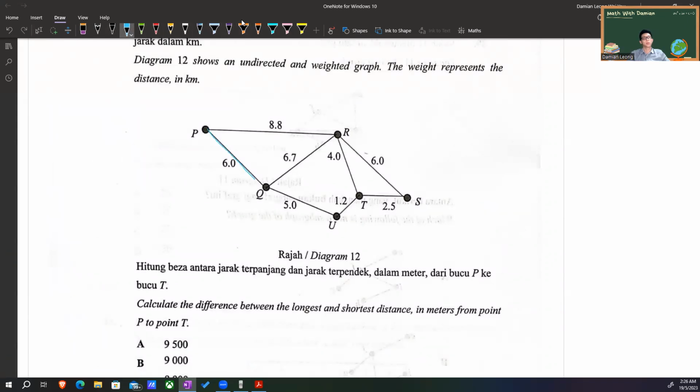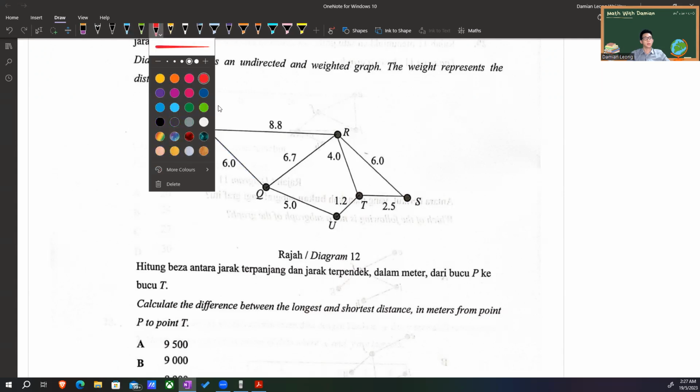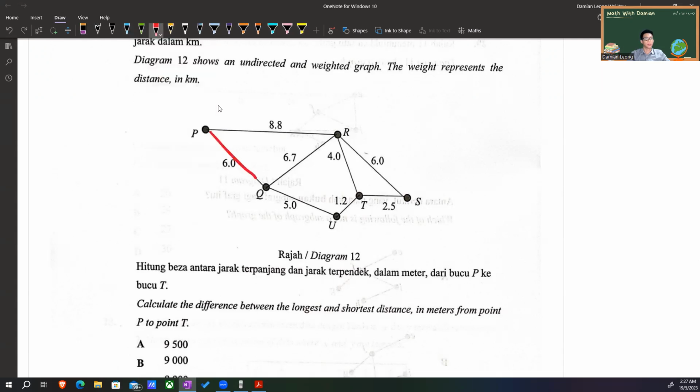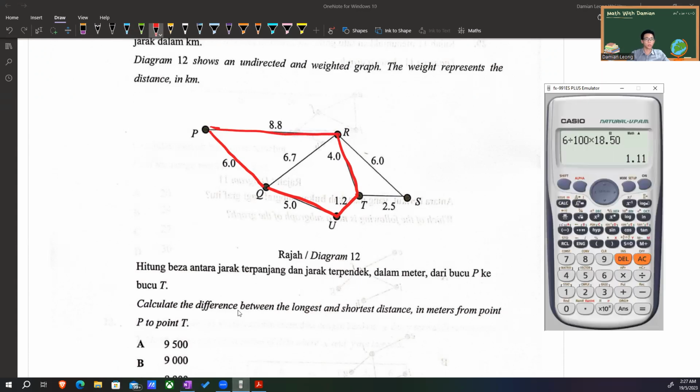So the shorter one will probably be this way, or like this. Not sure which is shorter.